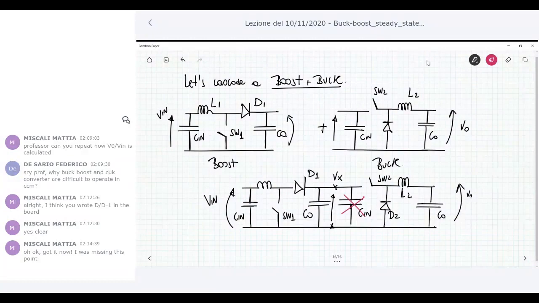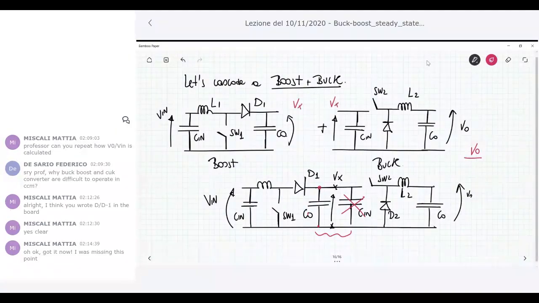Okay, so if you want, this capacitance here includes the parallel of the two, but anyway, C naught is essential to the operation of the boost. So let me consider that here you have just one capacitance.